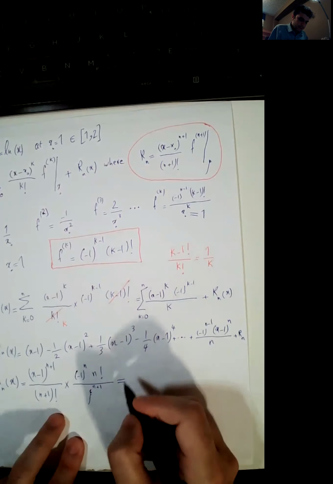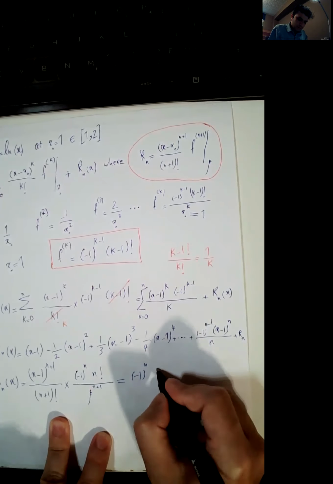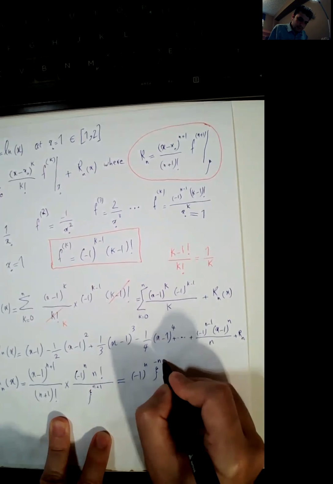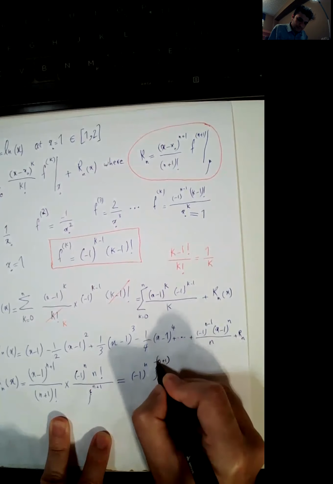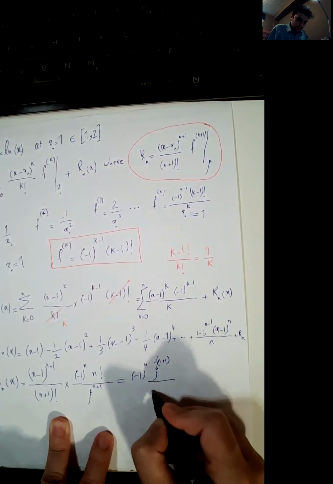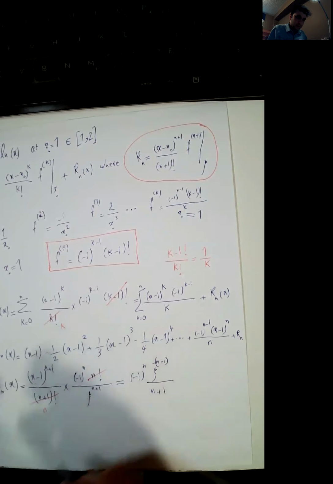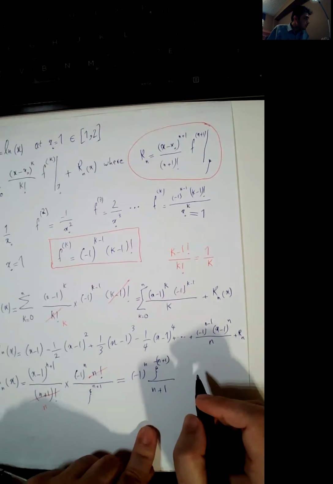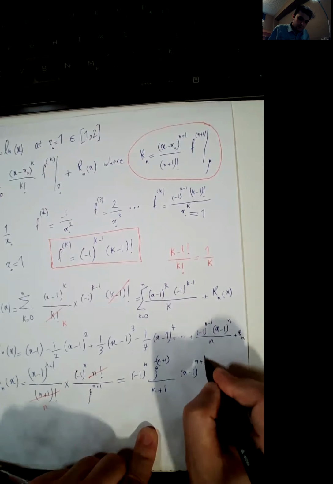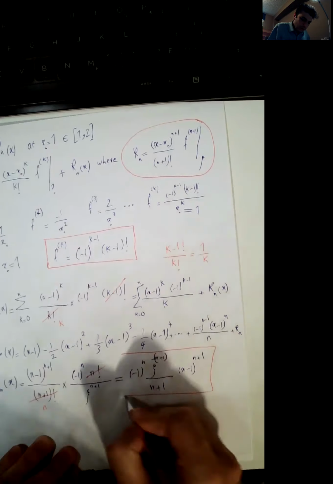If we summarize, we see (minus 1)^n times psi^(minus (n plus 1)) over n plus 1, because of n factorial only n remains, times (x minus 1)^(n plus 1). So this is Rn.